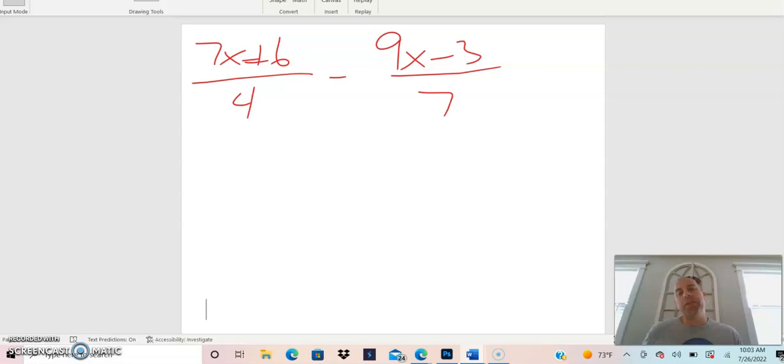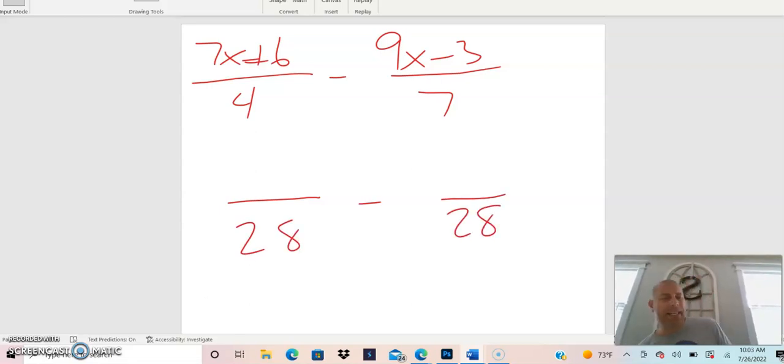All right, and so this is where we could just jump into our technique of, to add or subtract fractions, I do need a common denominator here. So I can go through them, and we've got ourselves a winner. Yes, 28. Now, it's not because it's 7 times 4. It's more about as we go through their multiples, that is the first one we have in common. Remember, if you can't find something in common, then yes, multiply them together. That will always give you a common one. It just doesn't always give you the smallest.